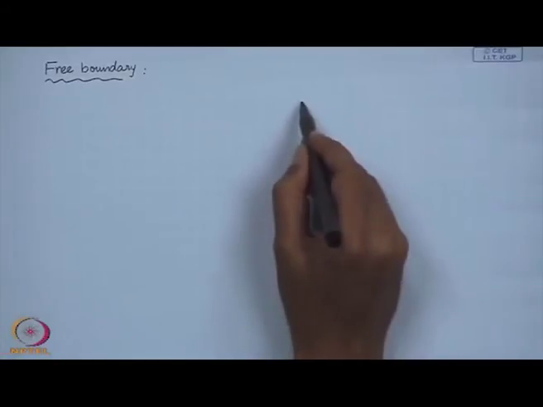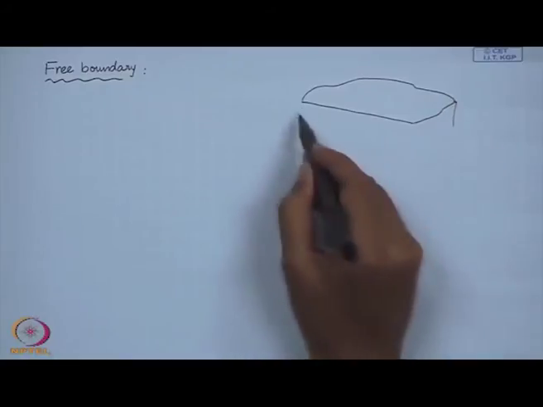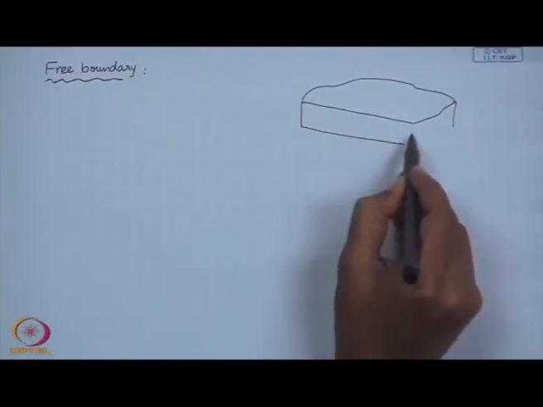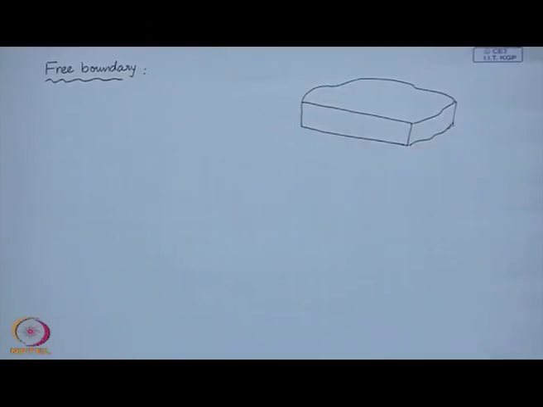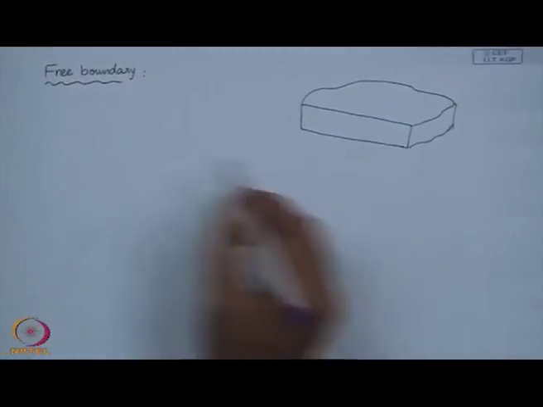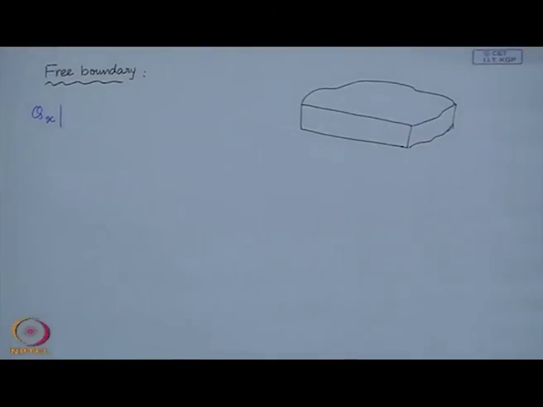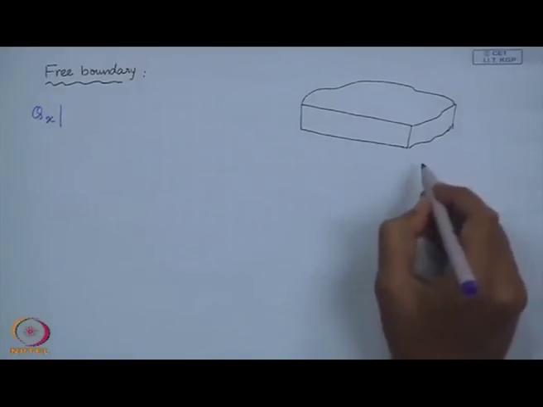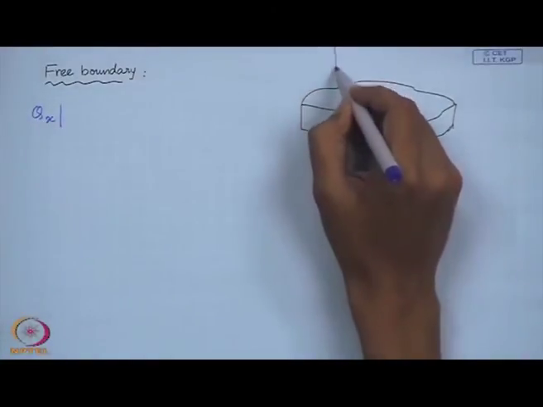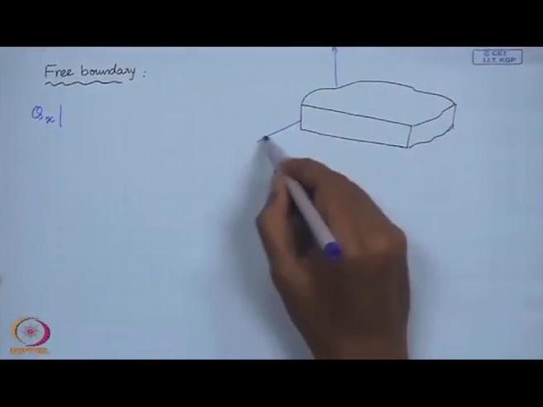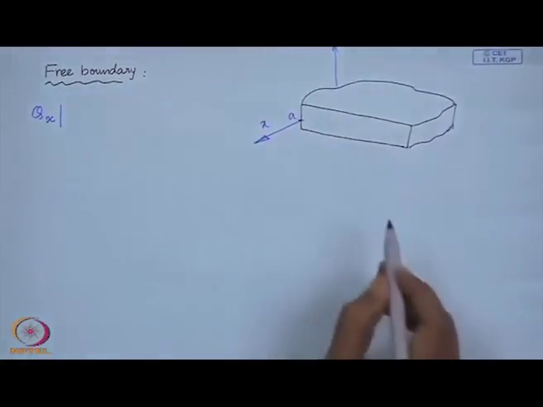If a plate has a free boundary, then intuitively we may guess that, suppose this is x equal to a, this boundary is at x equal to a.